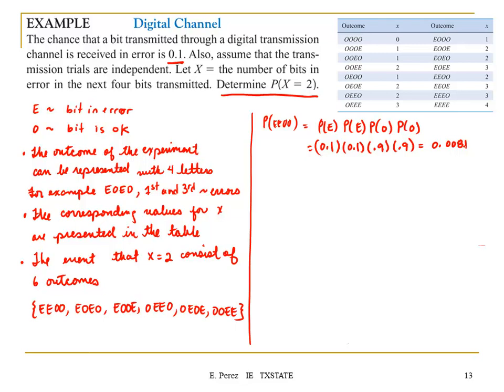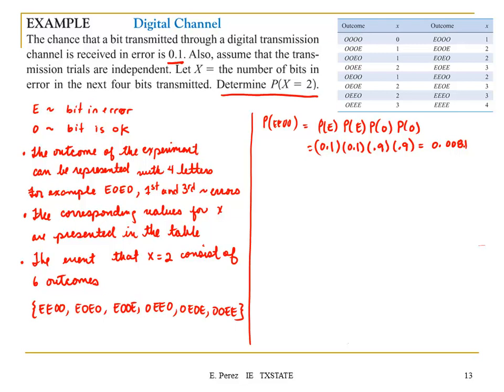Now, if we want to find the probability of X equals 2, what do you do? You have 0.0081. That's just for 1 outcome. But you know that you have 6 in which you're going to have X equals 2. So I hear something around here.